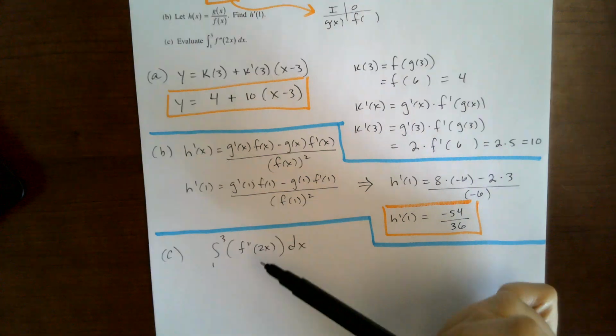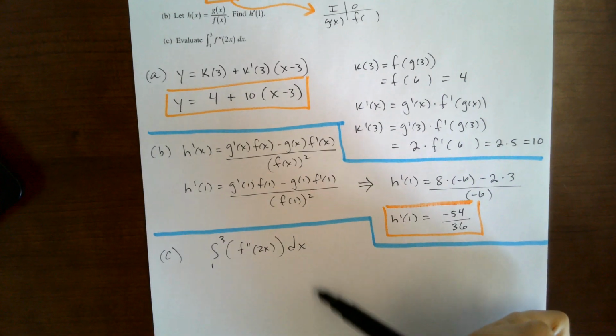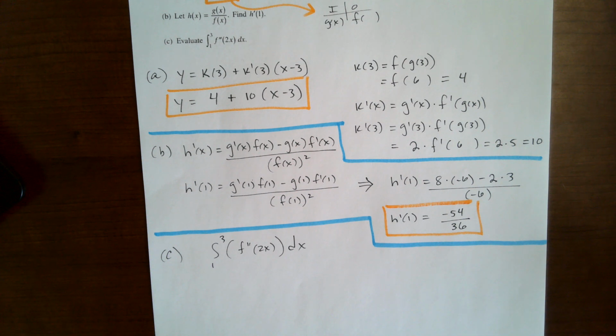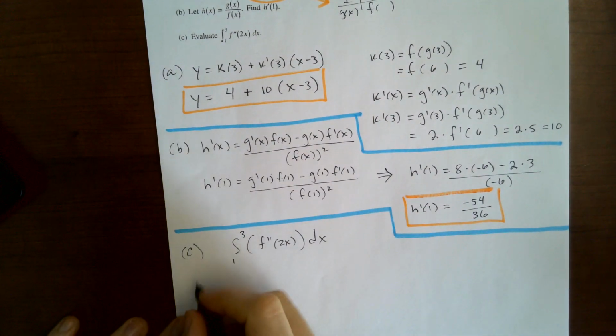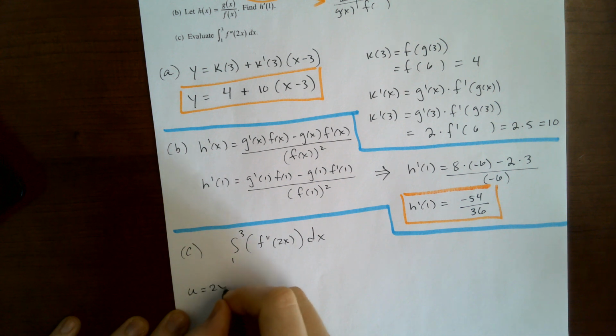But this is, so we have to use the fundamental theorem of calculus, so we're going to put the endpoints on the other side of the brackets, and put the antiderivative on the inside. But just like I said, this is not f double prime of x, it's f double prime of 2x. So we're going to have to let u equal 2x.